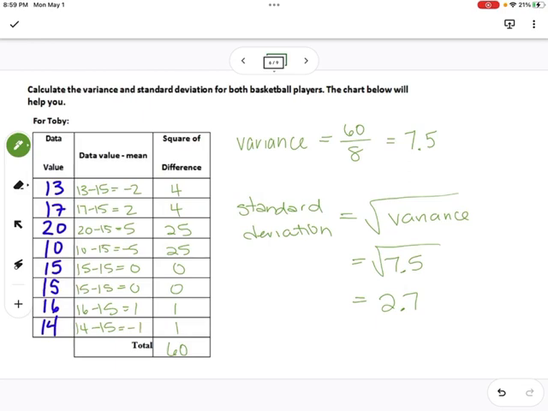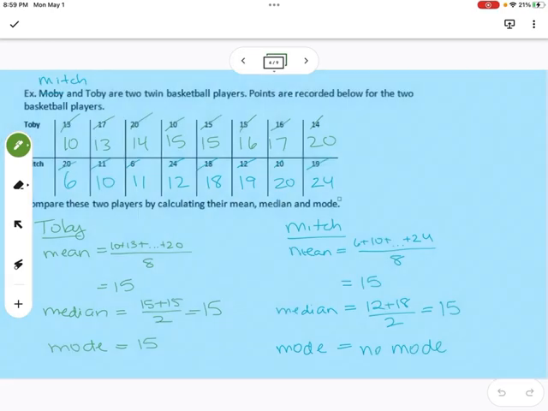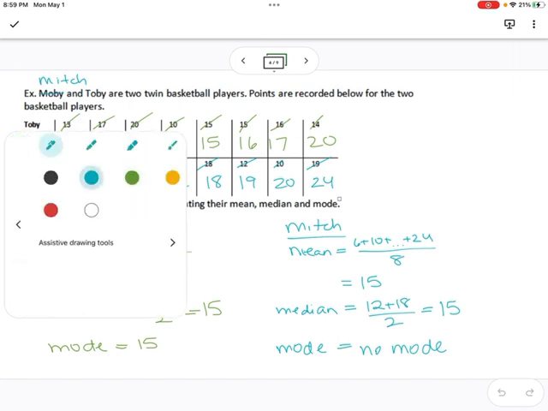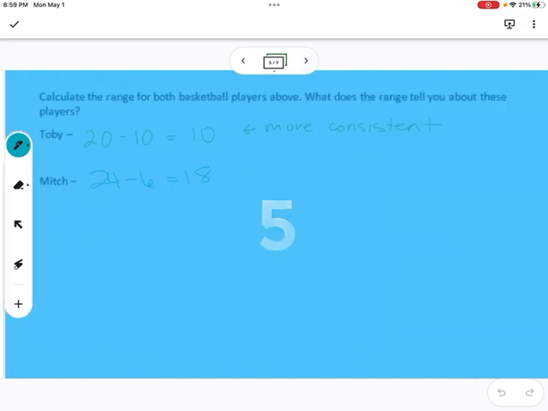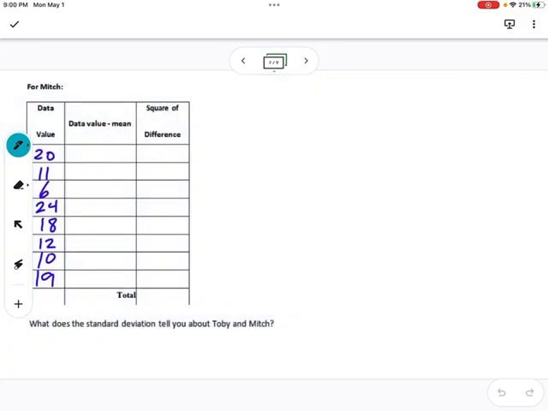Now let's look for Mitch. For Mitch, let's recall what the mean is. The mean for Mitch is also 15. So let's go and calculate. Okay, we have the number of points, and we're going to subtract the mean.